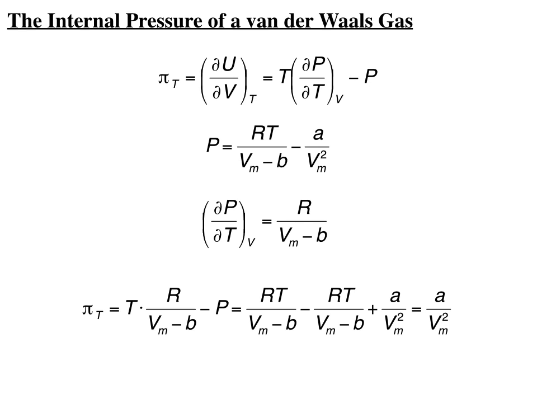Notice the second term has no temperature dependence. The first term, taking its derivative with respect to T, gives me R divided by (Vm minus b). So when I multiply that by T and subtract it from that, and substitute for P the van der Waals equation, I get that the RT over (Vm minus b) terms cancel, and that π_T is equal to a over Vm squared.